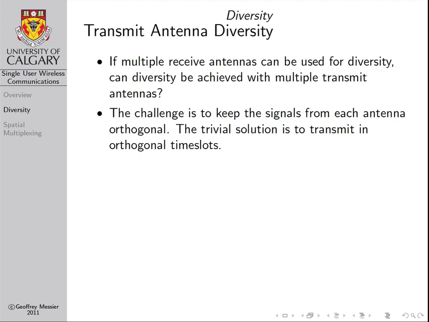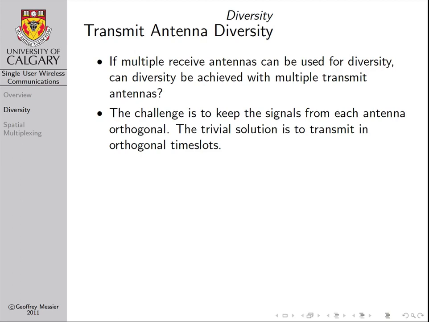We'll still be able to recover the information, but there won't be any diversity combining because the receiver just gets one copy of the signal that is the linear addition of the two paths. And just doing a straight linear addition of diversity paths does not give you any form of diversity gain. You have to use maximal ratio combining, selection combining, or something like that.